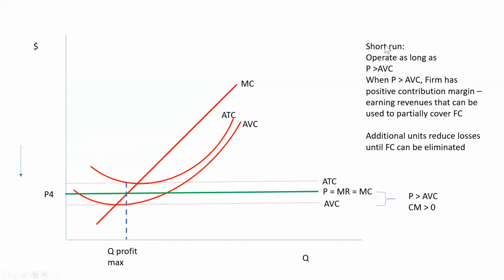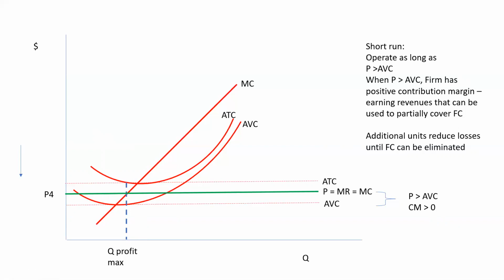Okay. So in the short run, we'll continue to operate as long as the price is greater than the average variable cost. So you can see here, price is greater than average variable cost, which means that we have a positive contribution margin. That contribution margin is not enough to cover all of the fixed costs, but it'll cover some of it. So for example, maybe we're earning $500 in contribution margin, which can go against our $1,000 in fixed costs in rent, right?